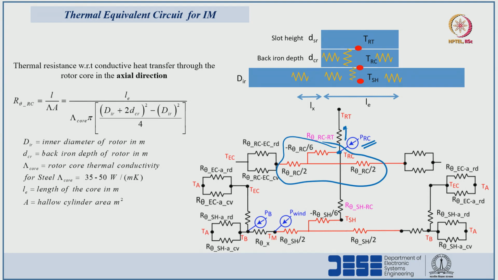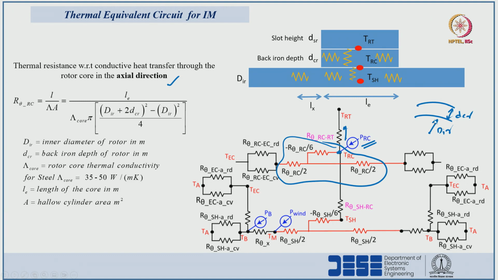R theta Rc represents the rotor core thermal resistance in axial direction with respect to the conductive heat transfer. So, the rotor core will be in this fashion, this is the inner diameter dir and the depth of the rotor core will be dcr.